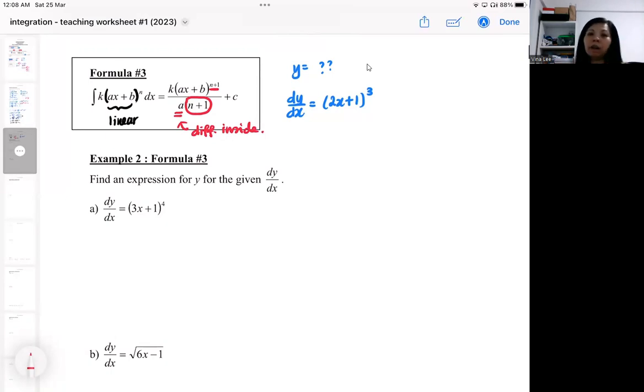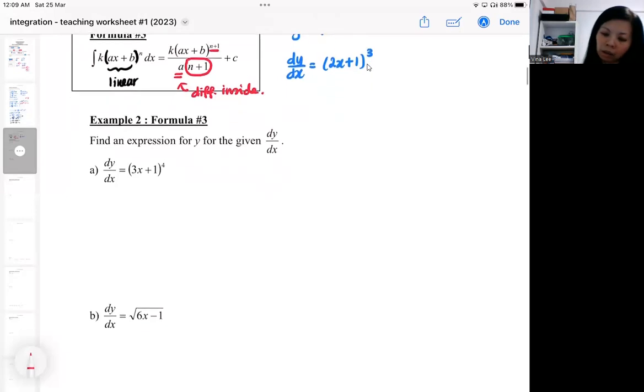So right now we're going to divide by whatever we differentiate inside. So there will be an additional A that you need to divide. One of the common mistakes is actually the A. A lot of students forget to divide the A or they couldn't tell the A. Okay, so this one got 3 steps. Return power, divide by new power, together with the differentiate inside. That means you have to divide by 2 things. You divide by the new power and you also divide by the differentiate inside, which is A.